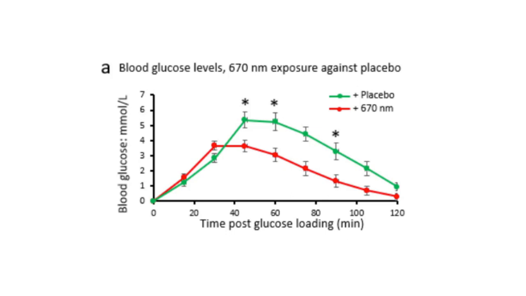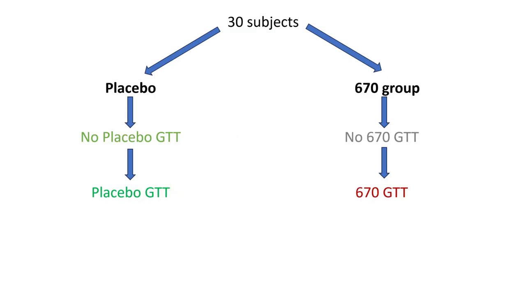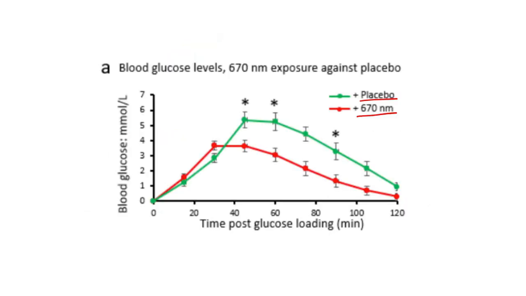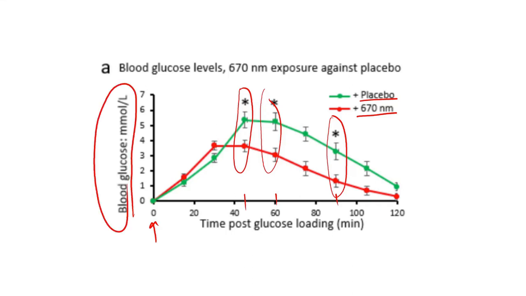So here we are looking at the placebo versus the 670. Which two are those? We're looking at this one versus this one. And we're trying to see here what this did to glucose. Notice that at 3 different measurements after the glucose tolerance test that started here at 0, at about 45 minutes, 60 minutes, and then 90 minutes, there was a statistically significantly lower blood glucose.